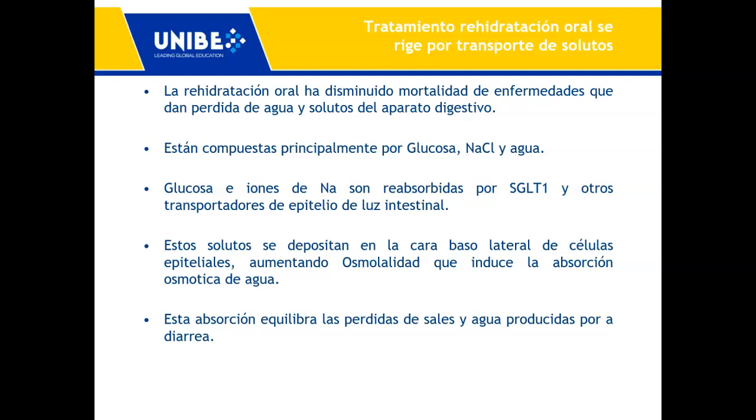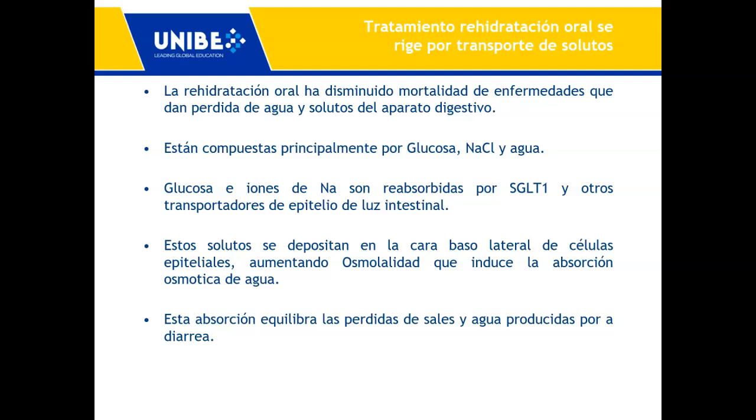Now, whenever I want to rehydrate a patient, if I give a patient a solution through an IV, that solution has to have the same concentration as my plasma to avoid either swelling or shrinking the cells. But if I'm giving a solution orally through the mouth, I usually give a solution that has water but also some things like sodium, chloride, potassium, glucose, etc. So that's a rehydration solution.